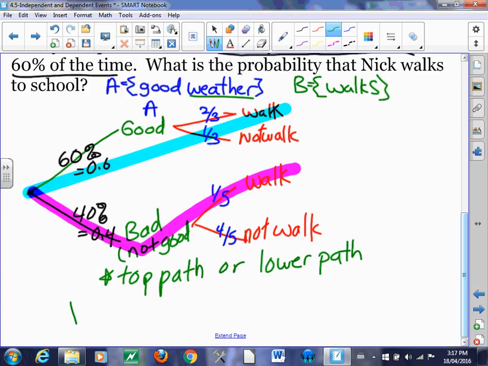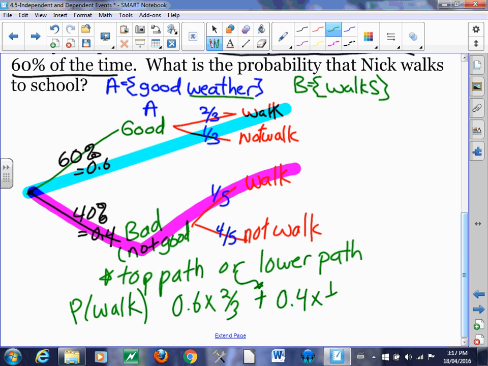Okay, so probability of him walking, if we do the top path first, is going to be 0.6, right? Times 2/3. Everybody okay with that? Or means to add, don't forget that, the lower path. Okay, so it's going to be 0.4 times 1/5.